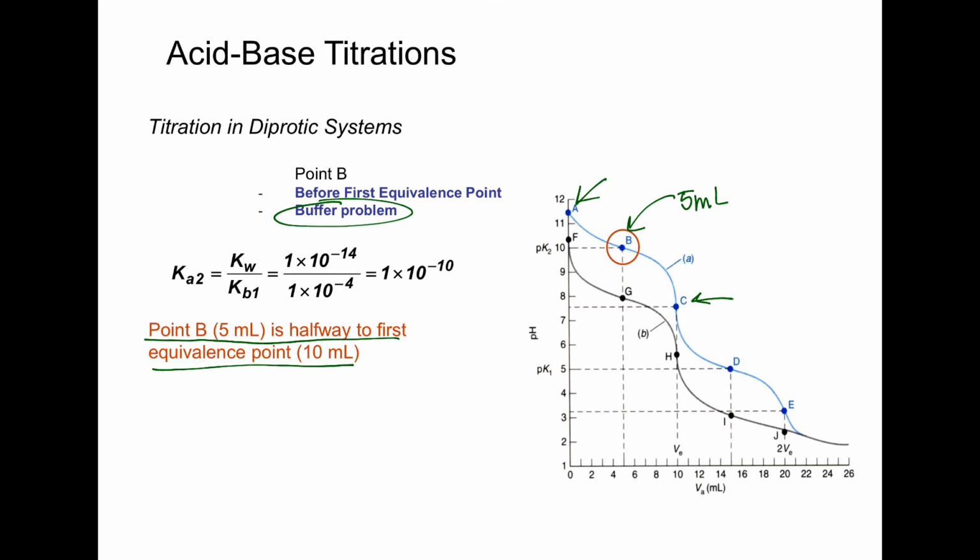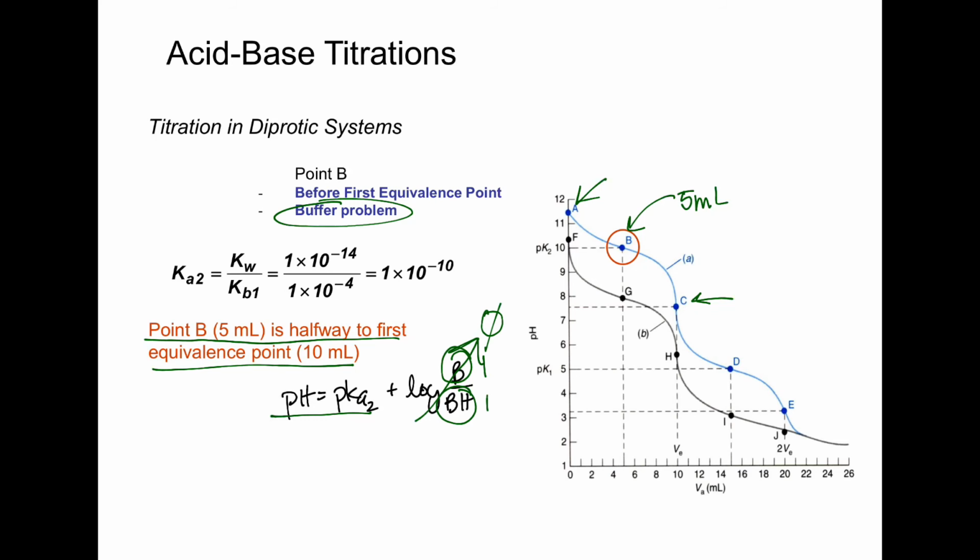We know that in the Henderson-Hasselbalch equation, when the ratio of the basic form and the acidic form are equal to each other, which happens at halfway, so when these are in a 1-to-1 ratio, that part of the equation goes to 0, and the pH is equal to the pKa.